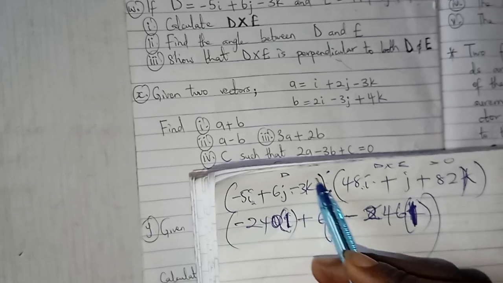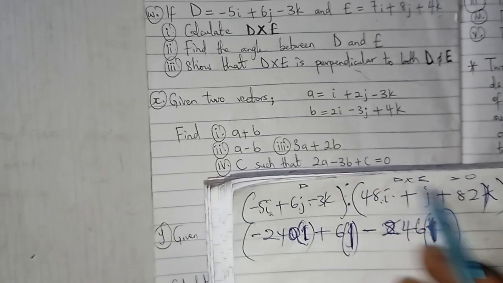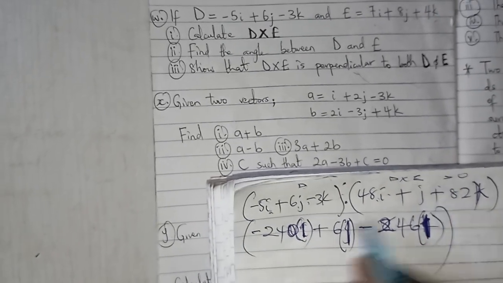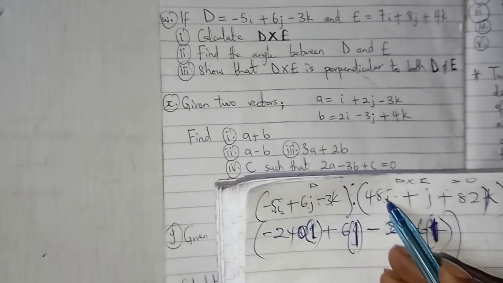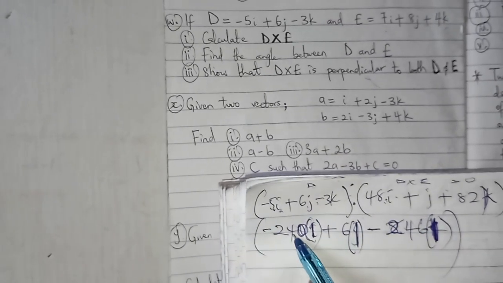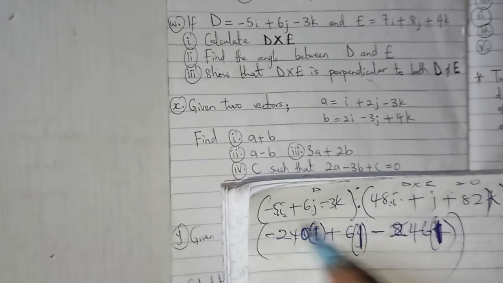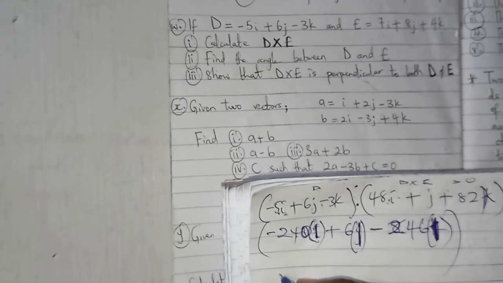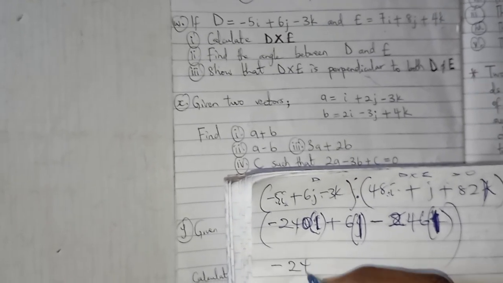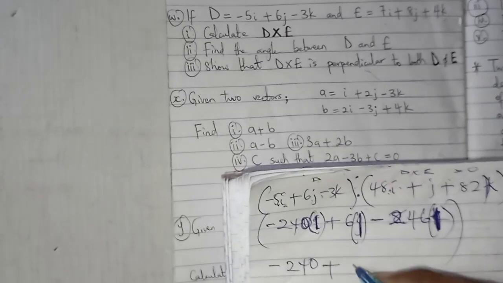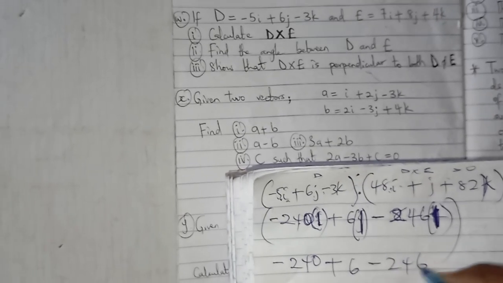So being perpendicular means the dot product should equal 0. That's what we want to check. So 5I times 48I gives me 240, and I dot I is 1. So notice that I now have minus 240 plus 6 minus 246.